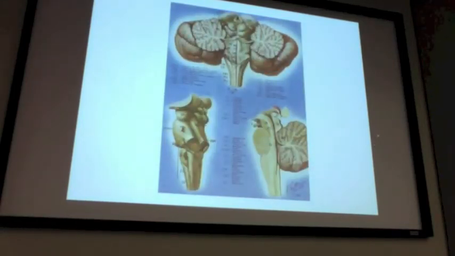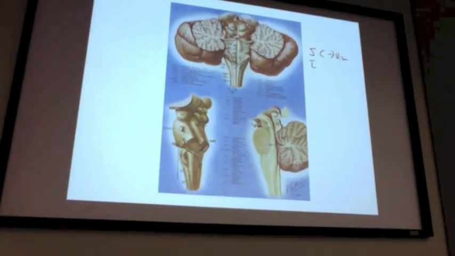Okay, so now this picture is looking like we have removed part of the cerebellum. And so again, we're looking down into the fourth ventricle, and we're looking down on the brainstem from the dorsal aspect. And so you can see the quadrigeminal plate, the superior and inferior colliculi. The superior colliculus is vision.